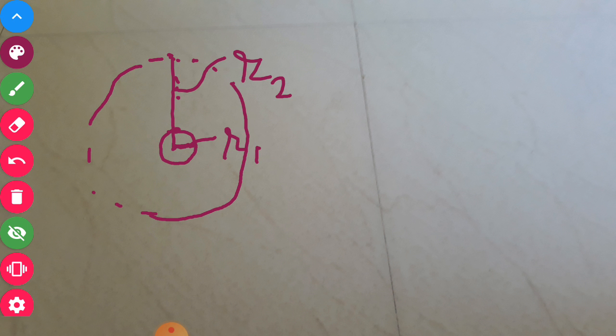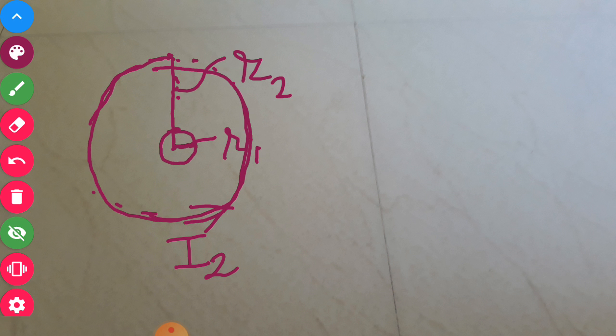Now understand that current I2 is passing through the outer coil or outer loop. Through this outer loop the current I2 is passing.